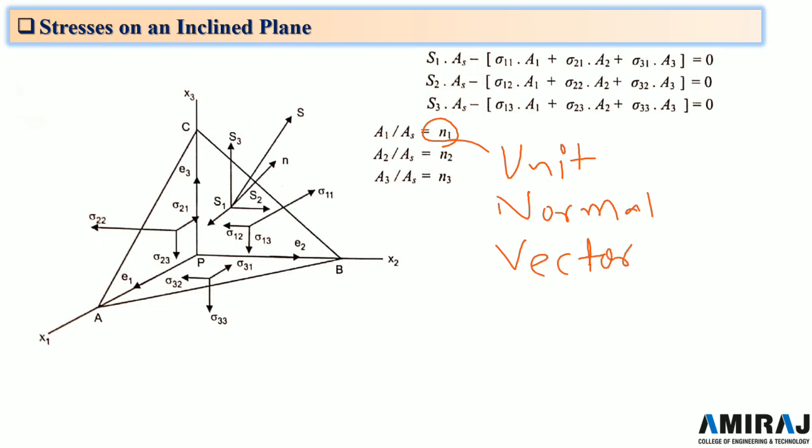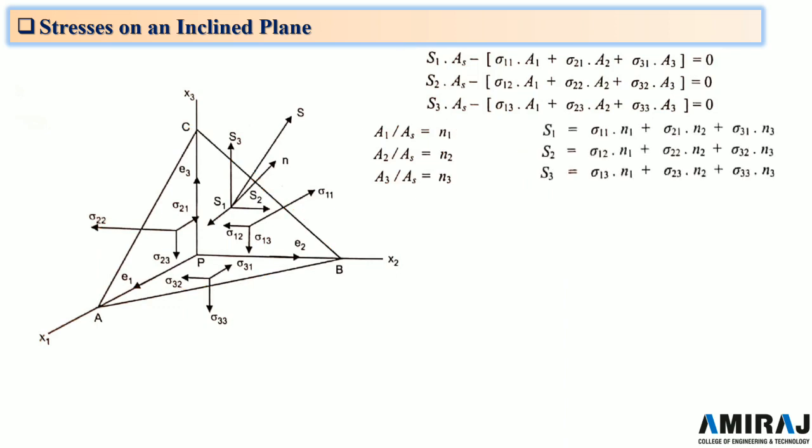So for each one we can find the ratio of the area of the side plane to the area of our principal plane ABC. Now dividing these three equations by AS and substituting these three values, we get S1, S2 and S3 by this equation.